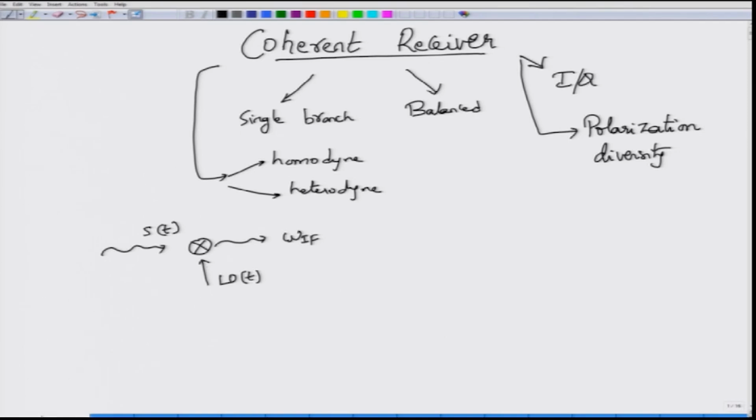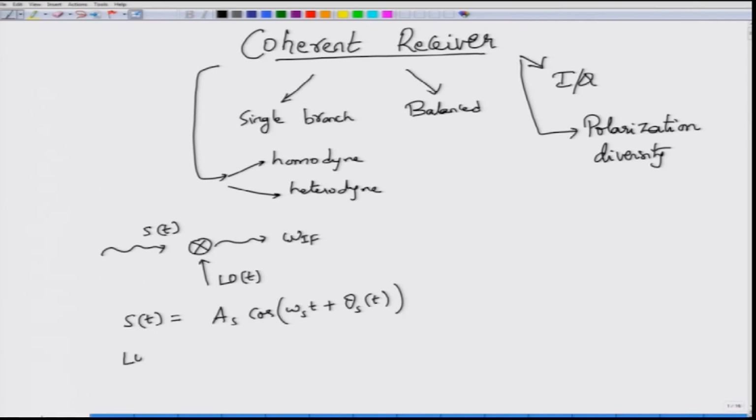The principle of operation is as follows. Assume, for example, S of t to be a sinusoidal signal which is phase modulated. So, I have A_S cos of omega_s t plus theta_s of t, where omega_s is the incoming sinusoidal signal frequency and its phase has been modulated, so its phase is theta_s of t.